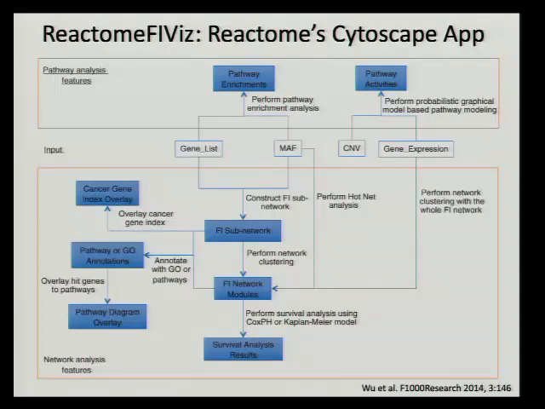In case you don't know Cytoscape, it is probably the most popular standalone Java application for biological network visualization and data analysis. So we developed an app for this software, and we implemented a lot of features to help our users do network and pathway-based data analysis and visualization. This is just a subset, because this is based on a paper we published 5 years ago, so there are a lot of new features available.